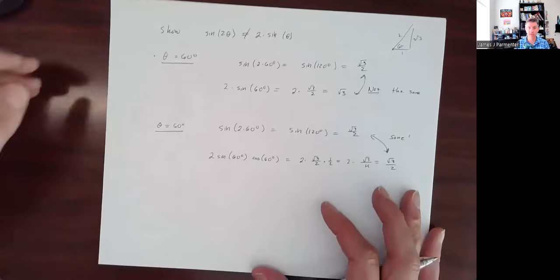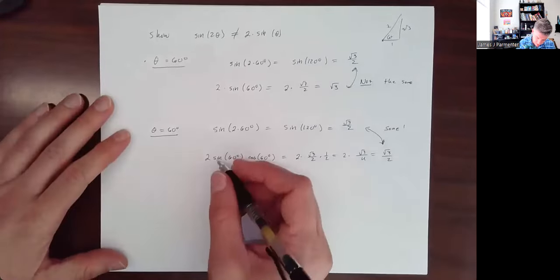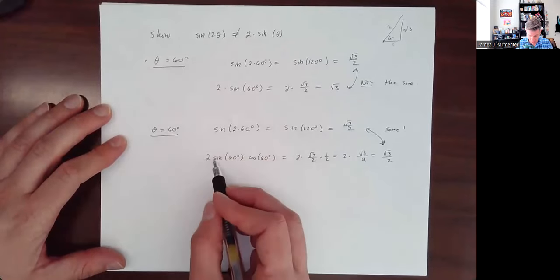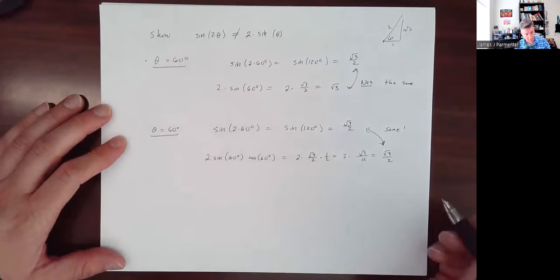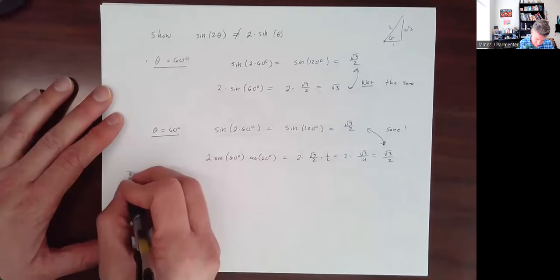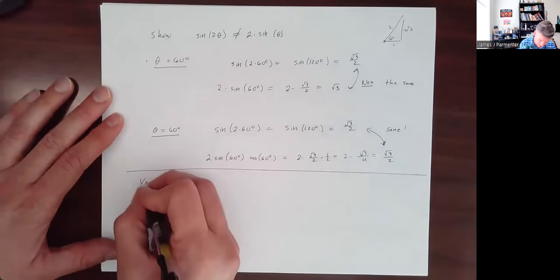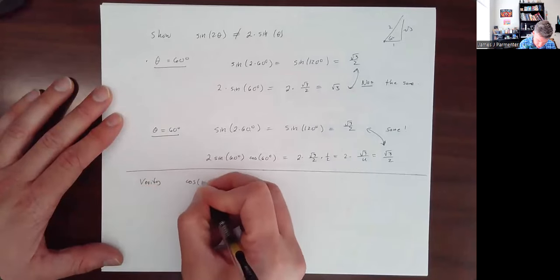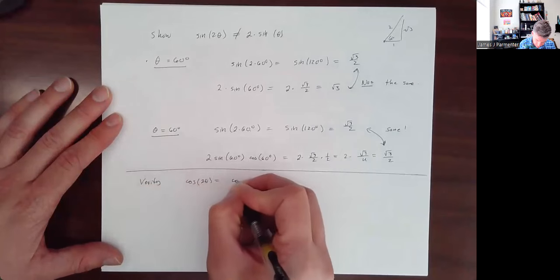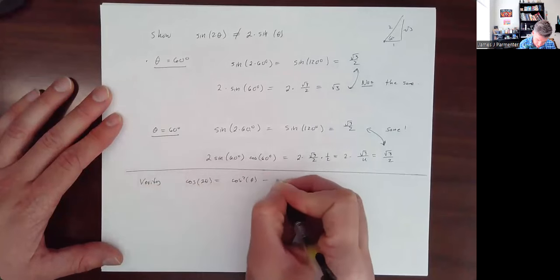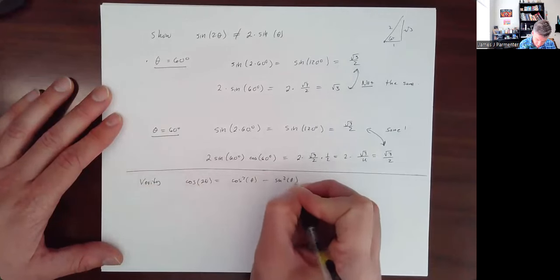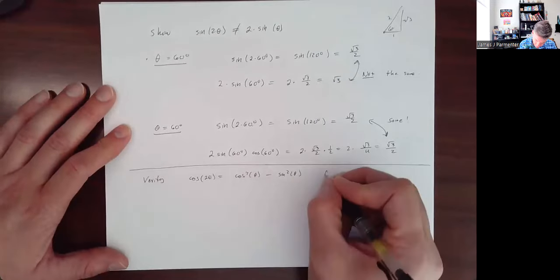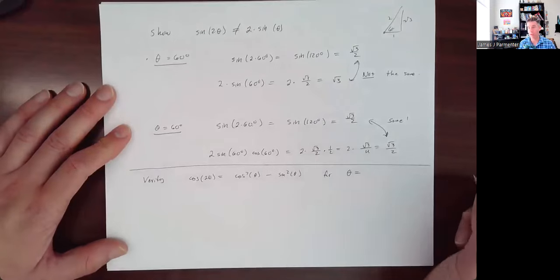And it works. It works for any angle, right? It's always going to be the case that sine of 2 times your angle is equal to 2 times sine of your angle times cosine of your angle. In a similar way, we could verify that cosine of 2 theta equals cosine squared theta minus sine squared theta for an angle like, I don't know, theta equal to, what are we going to pick?